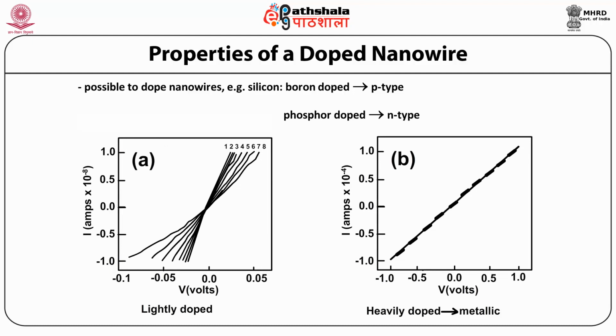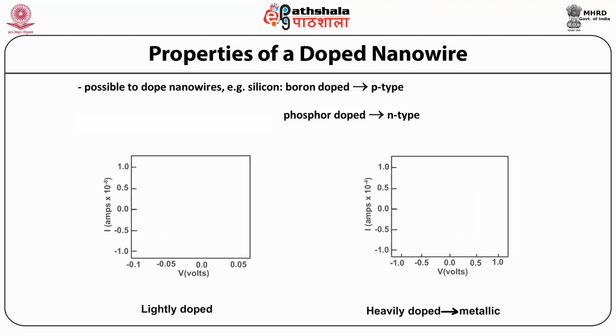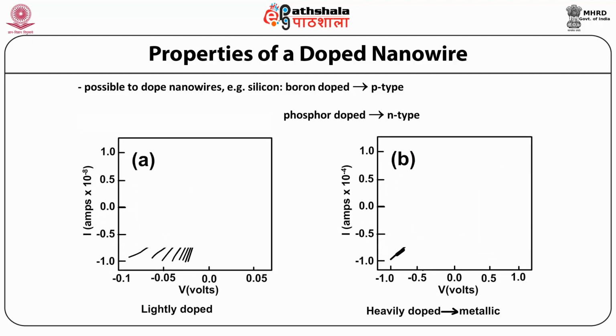Boron doped nanowire shows p-type behavior and phosphorus doped nanowire shows n-type behavior. The result has been shown in figure A. However, nanowire can also be made metallic by increasing the amount of dopant atoms, or in other words, by heavily doping. The result has been shown in figure B.